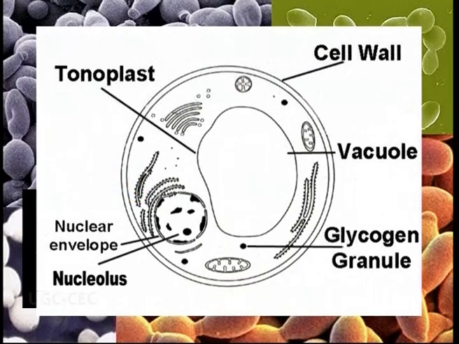A spindle pole body, also called spindle plaque, lies within the nuclear envelope. According to Webster 1980, the yeast nucleus can be studied best at the time of budding and it is difficult to be seen in a living cell.